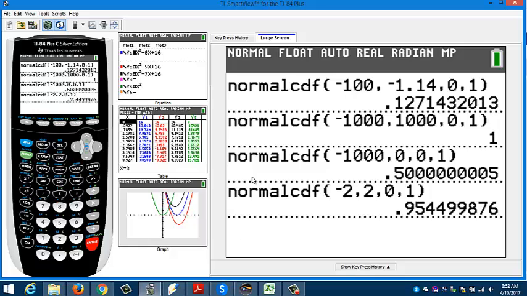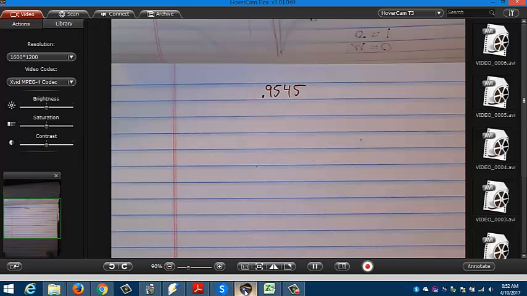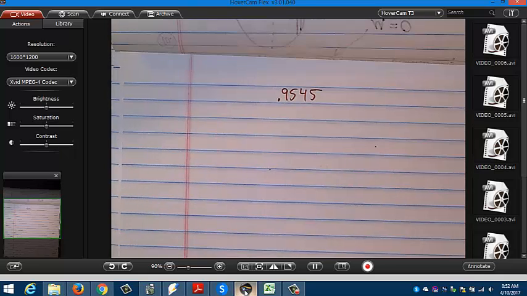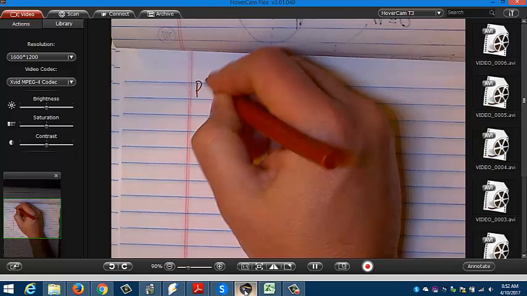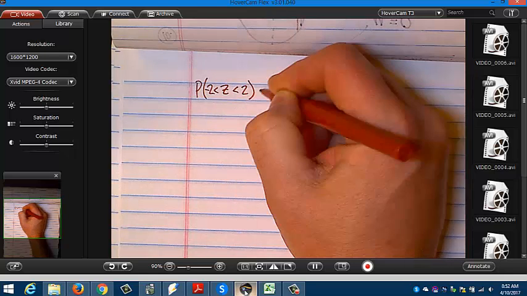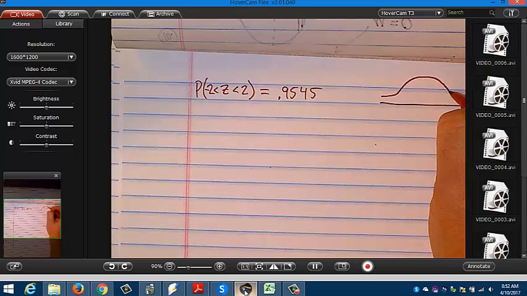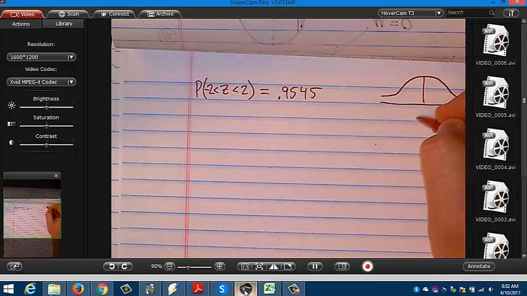By the way, those of you that have been using the tables, the pull-out cards, if you look up from -2 to +2, this is an important value. This 0.9545 comes up again and again. And again, the picture is this. The probability of z being between -2 and +2, what I'm saying is most of the area, here's the mean, equals 0.